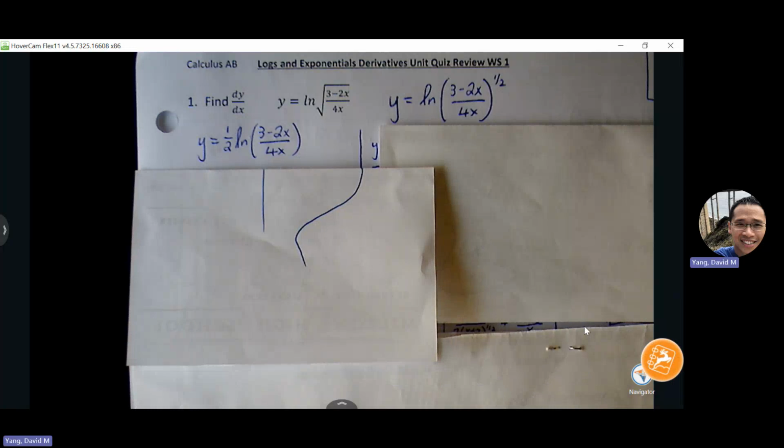And then we can continue with quotient property, right? So all this time, there's no calculus involved here. We're just splitting up our problem so that our derivative can be an easier process.